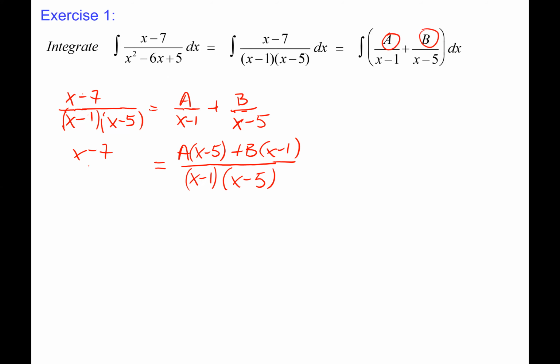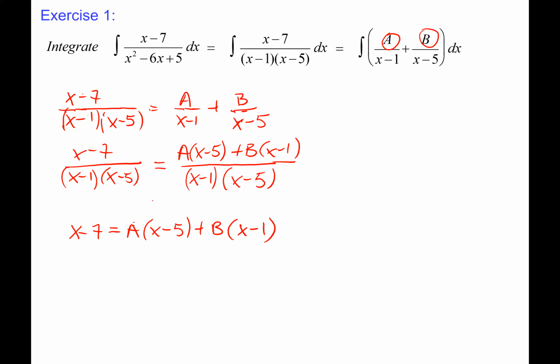And I can copy this one more time, because this is the way to find them. Now we can nicely see denominators are the same. So the numerators also have to be the same. I'm saying that x minus 7 must be the same as A times x minus 5 plus B times x minus 1.